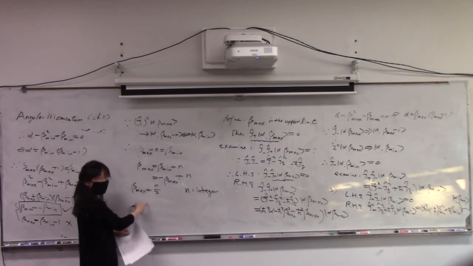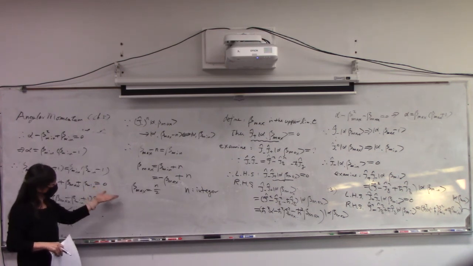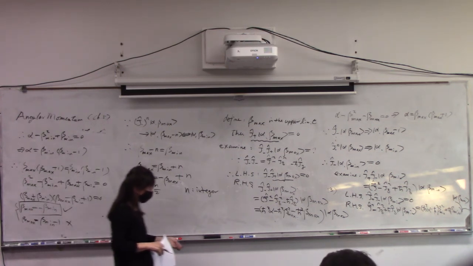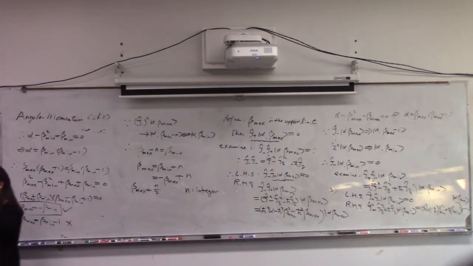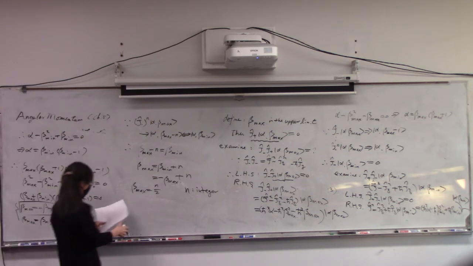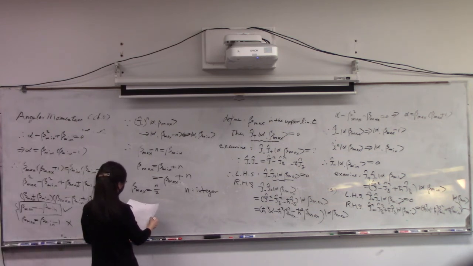Then this means the eigenvalue of Jz is either an integer number or a half-integer, right? So that is what we discuss here.